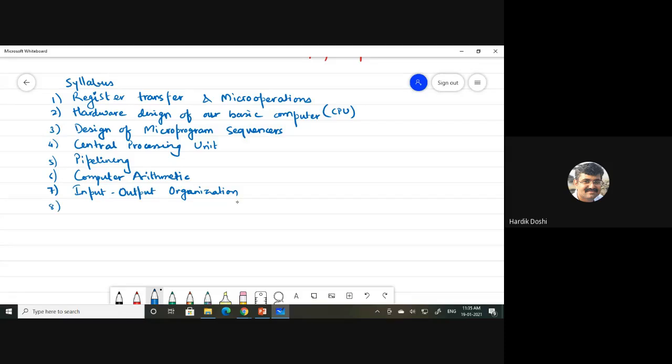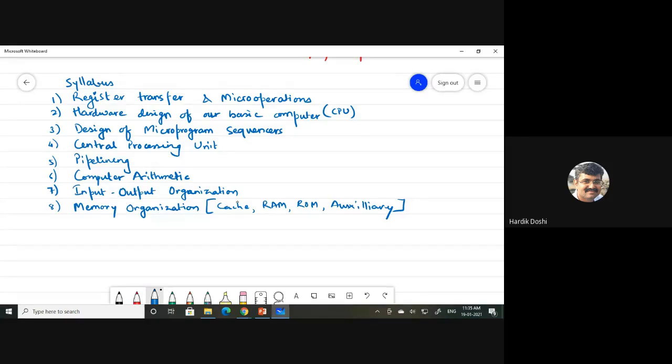And lastly, we'll be discussing memory organization. Memory organization means we have different types of memory, like cache memory, then RAM, which we term primary memory, along with ROM. There are certain auxiliary memories also available. So that we will be discussing. So this is your actual syllabus.